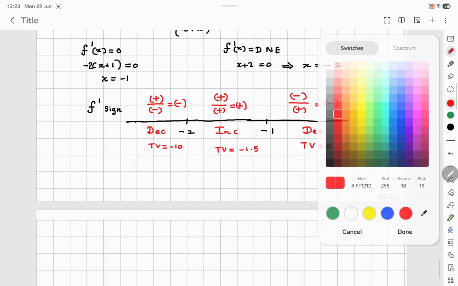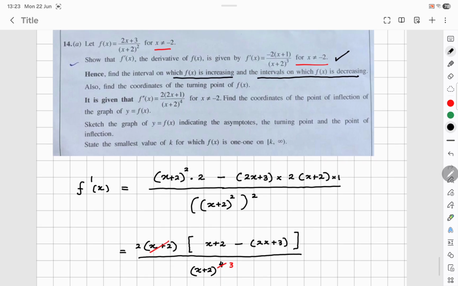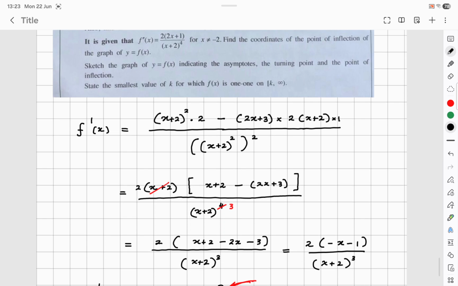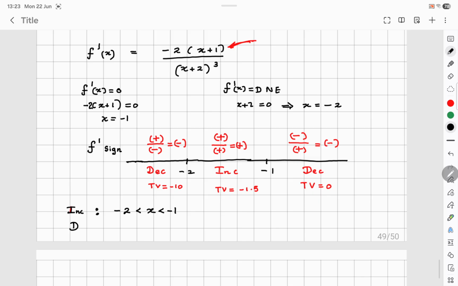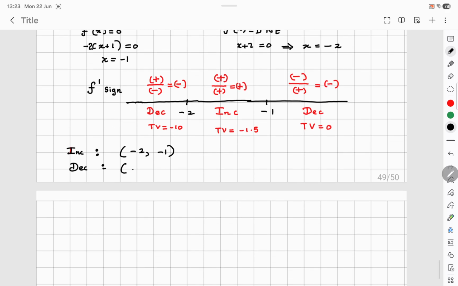So then let me write it in interval notation. Increasing between minus 2 and minus 1; decreasing on minus infinity to minus 2 and minus 1 to infinity.